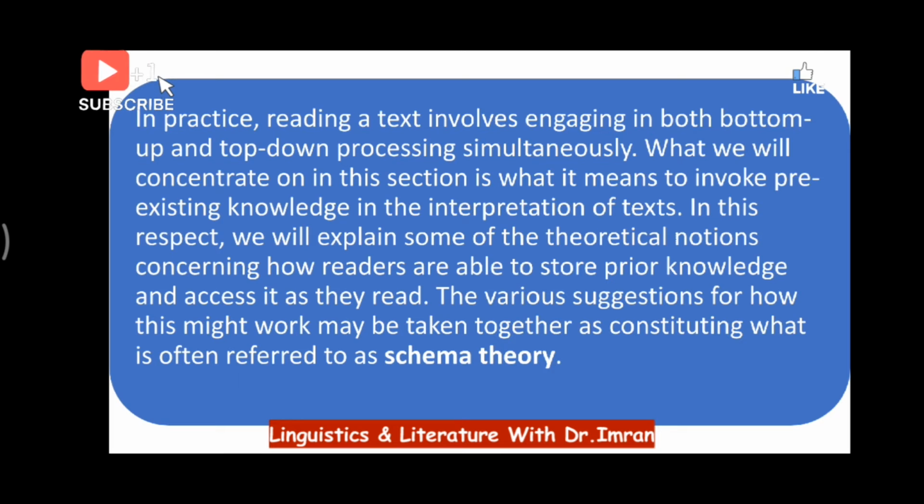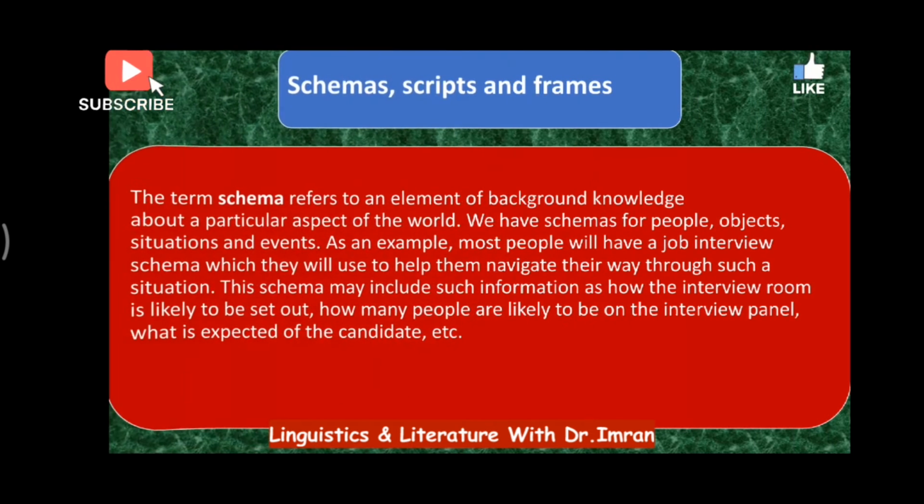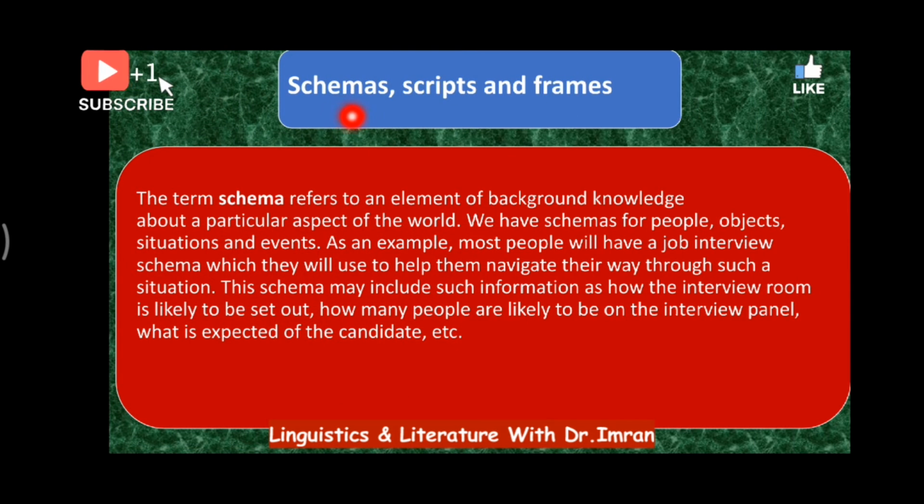How this pre-existing knowledge is stored in our mind and how we utilize it, this makes cognitive stylistics. Now, schema, script, and frames. Here we will discuss schemas, scripts, and frames.